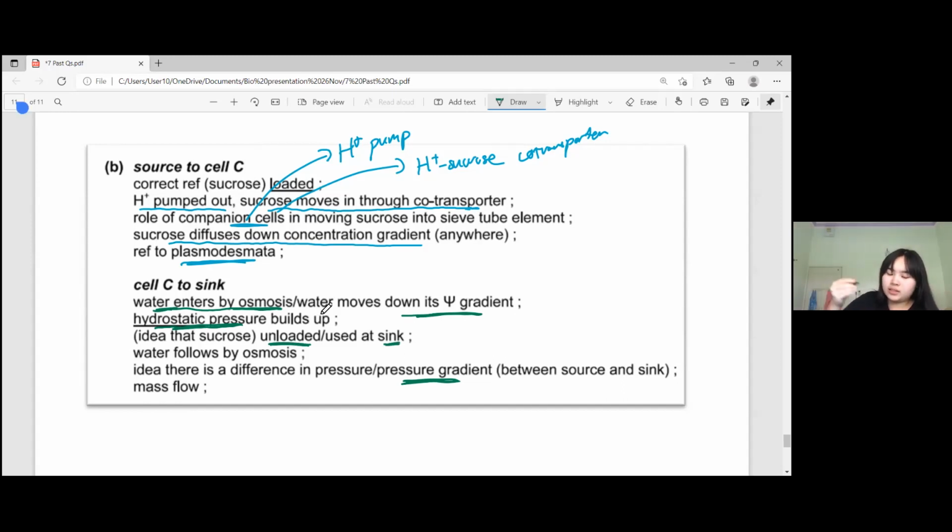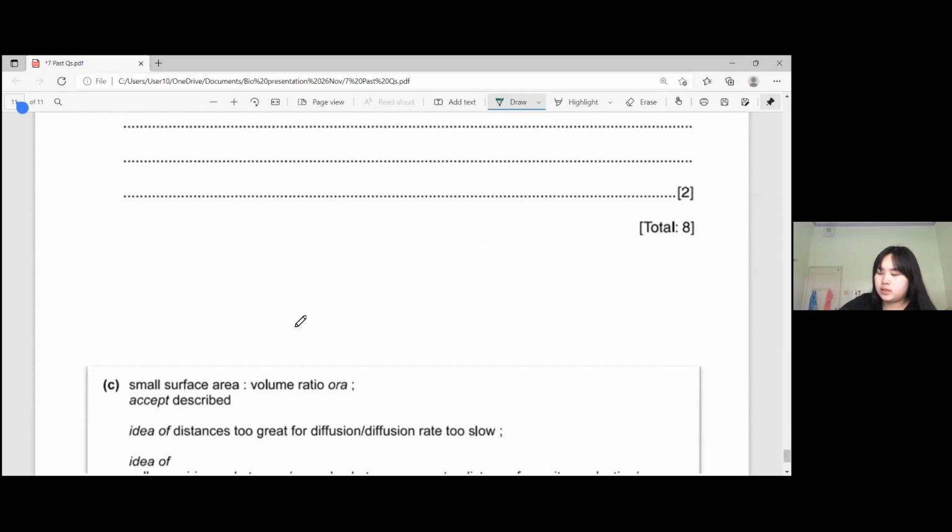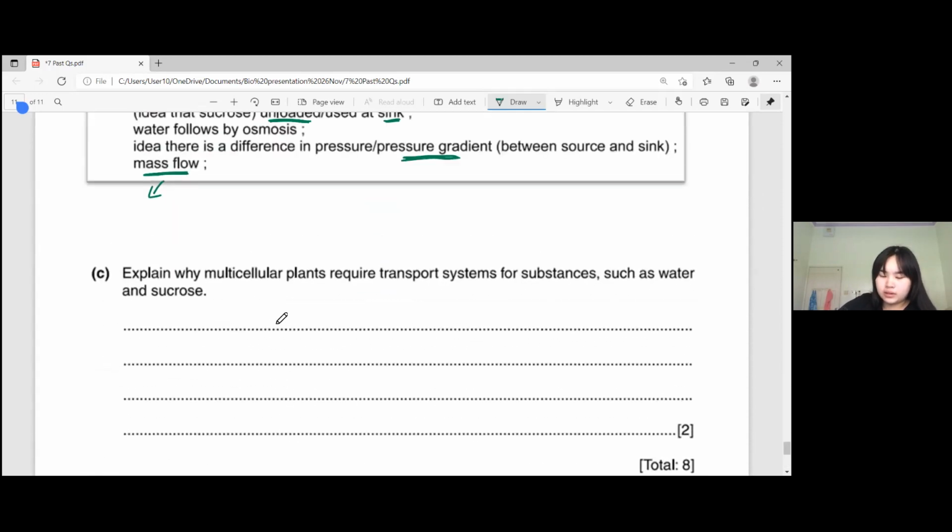Okay, and this is also called mass flow, which is when a large quantity of substances are moving in one direction only. So we see the last question, I think.